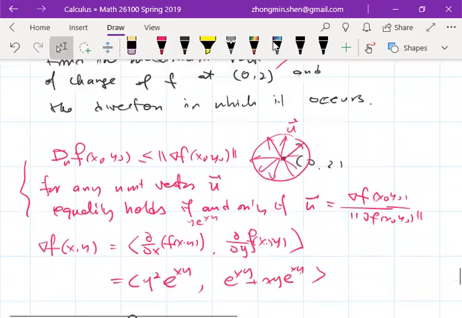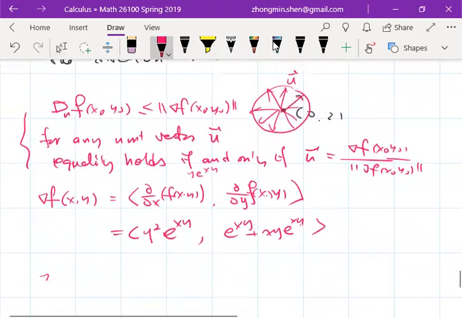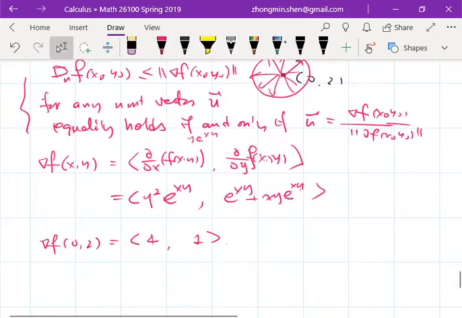So at (0, 2), when x equals 0 and y equals 2, the first is 4, and the second is just 1. So it's (4, 1). That is the gradient.